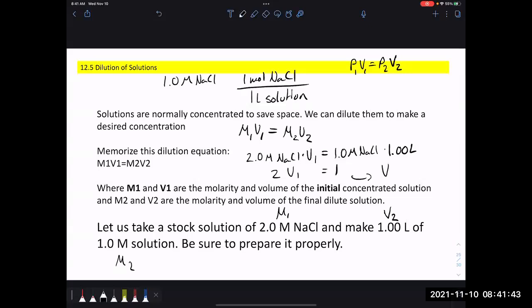So V1 equals 1/2, or 0.5 liters. And that V1 is 0.5 liters of the 2 molar sodium chloride.